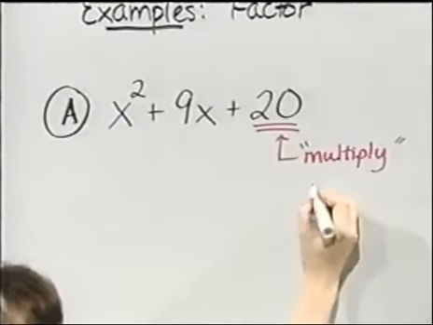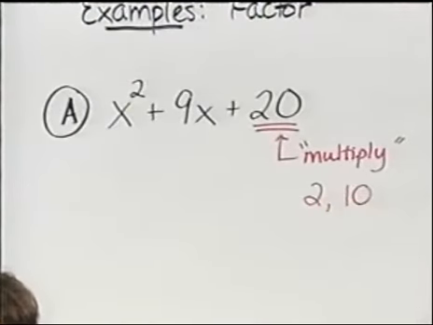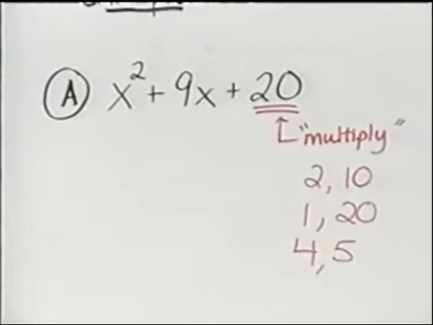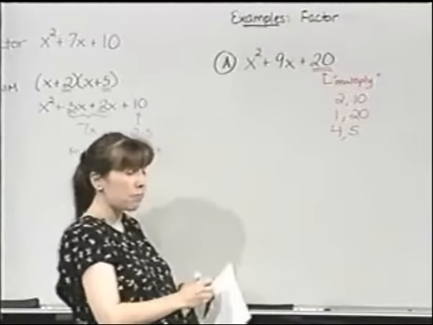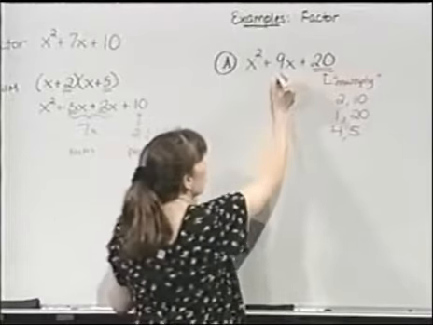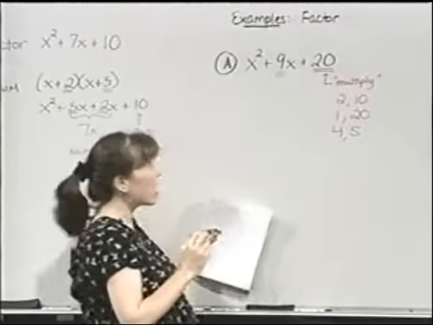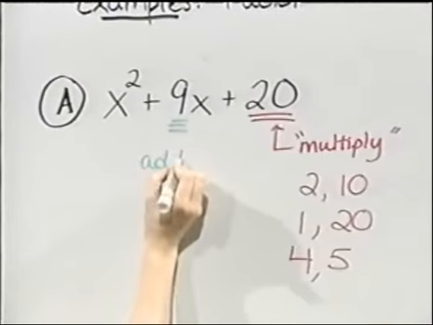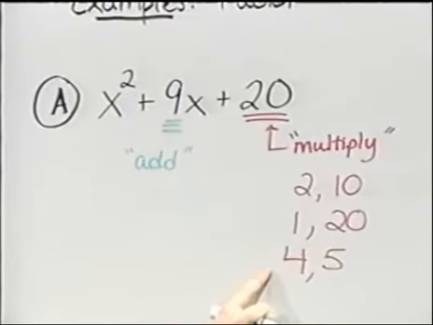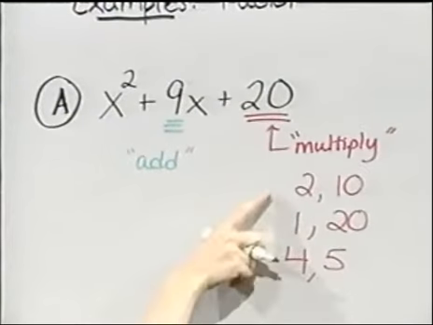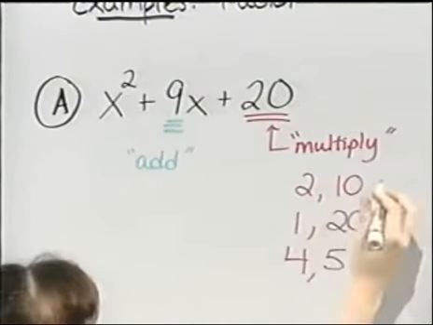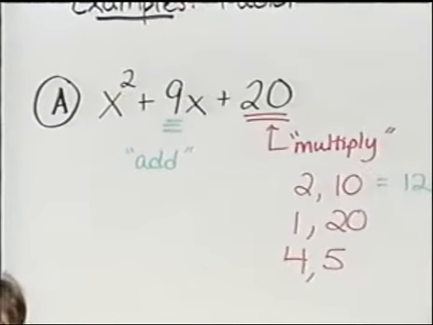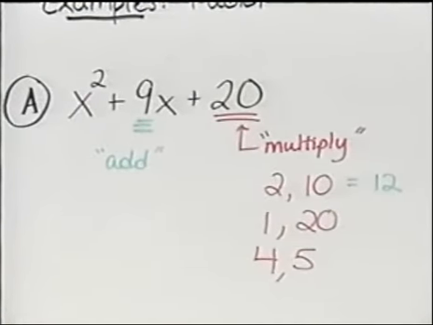Well, let's see. 2 and 10 give us 20. 1 and 20 give us 20. And 4 and 5 give us 20. Now, the second step is to look at the middle number and see which pair adds to 9. 2 plus 10 is 12.